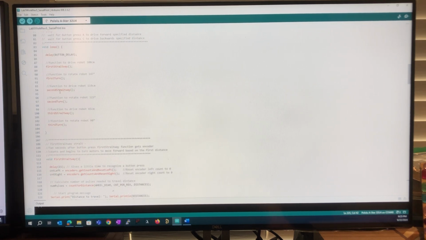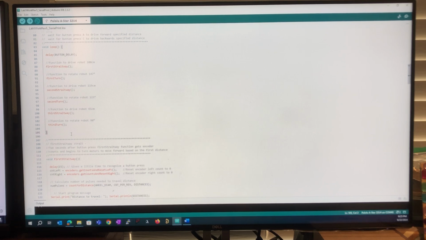which is go straight 119. Once that goes, we go to second turn, 23 degrees, then we go third straight, 65, and the third turn, 90 degrees. So basically, like we said, first straightaway, second straightaway, third straightaway are all the same except for the distances they have to travel.